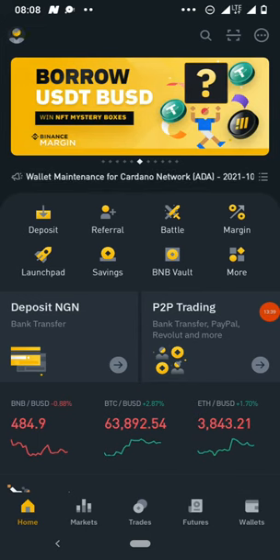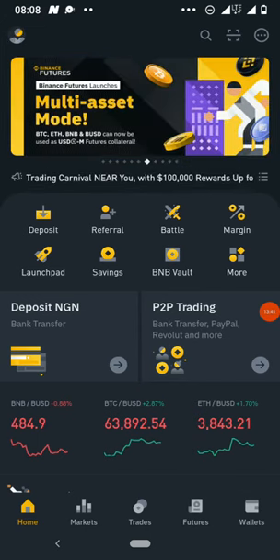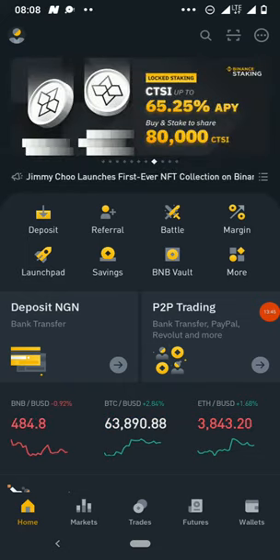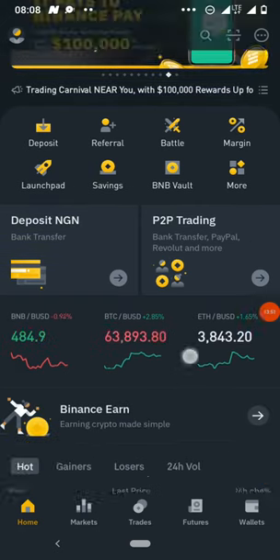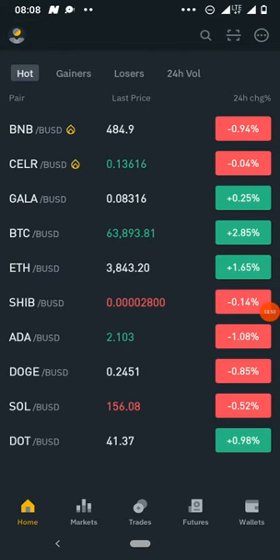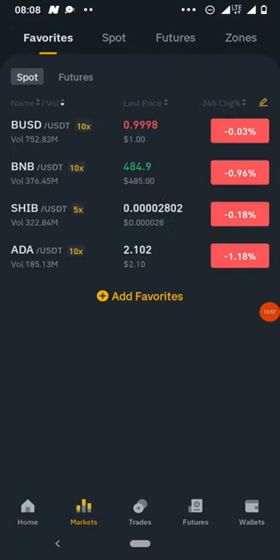But Binance also does this, so for the sake of the beginners, I'm just going to make use of the Binance chart. I think Binance has upgraded their chart a bit. The chart looks so awkward. So I'm just going to go to the market.